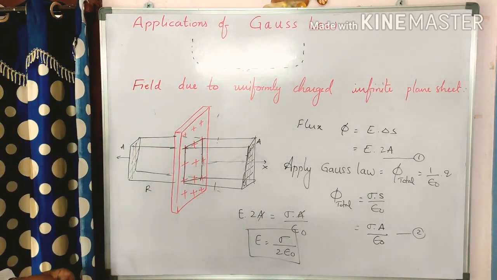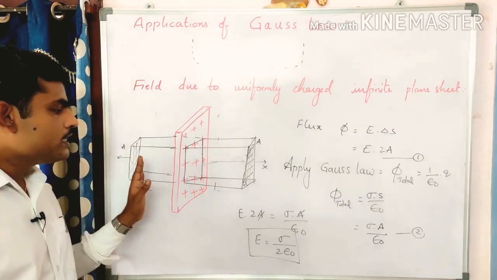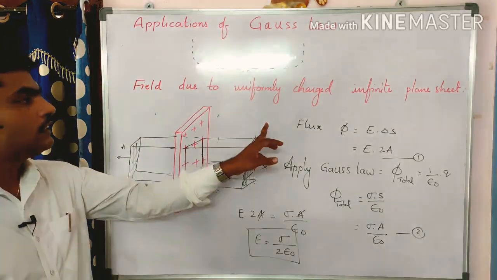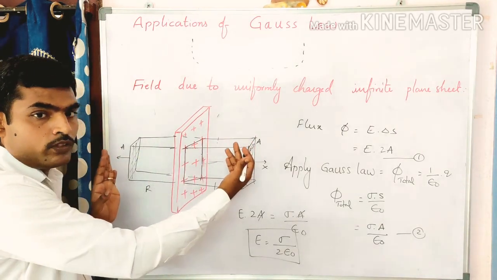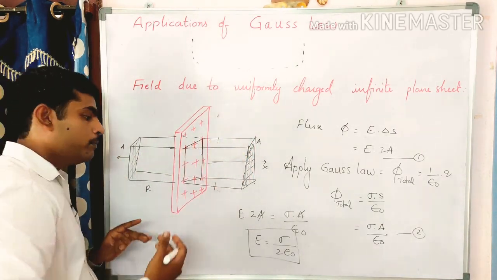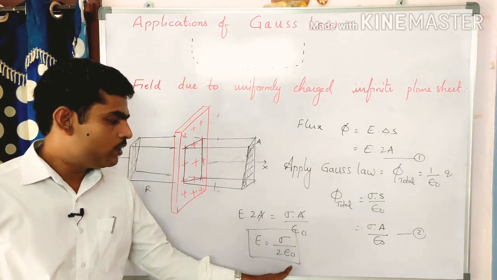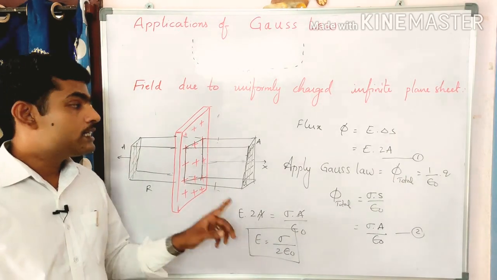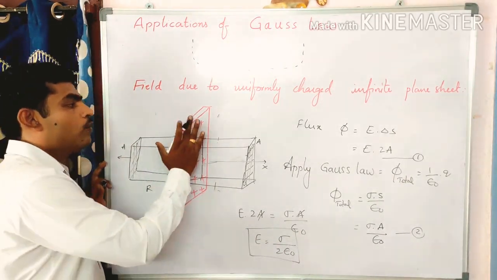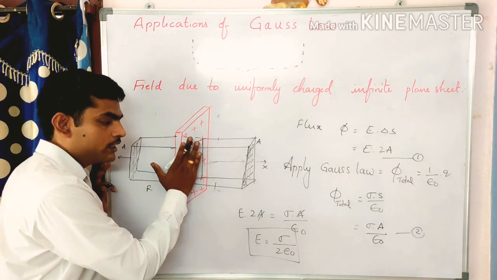Here also, the same thing as we have discussed there. Electric field is independent of the surface area, however wide the plane sheet may be. The area element is not there anywhere; there is only sigma, the surface charge density.